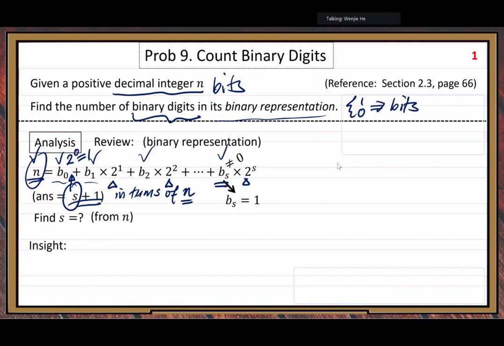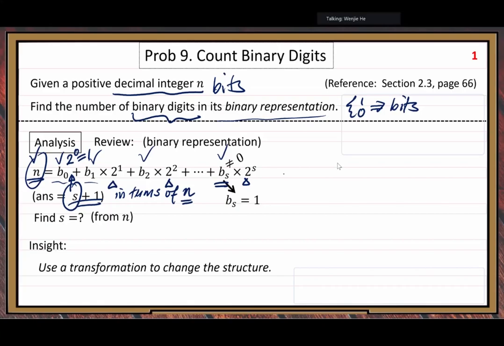Then we want to find a recurrence relation to get s. Use transformation to change the structure.